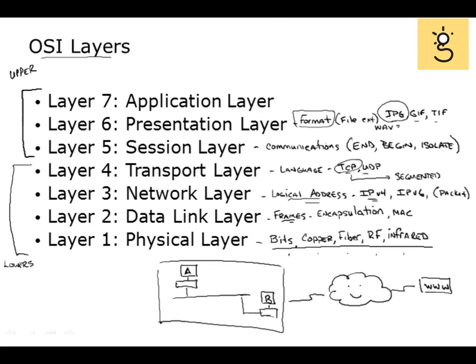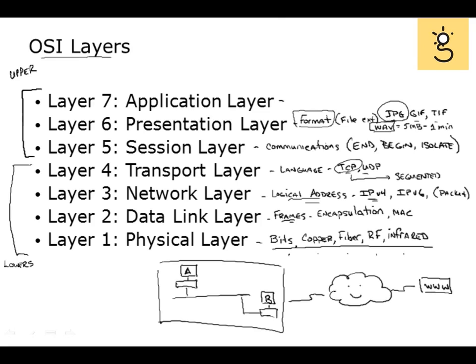A WAV file was about, I want to think, 5 megabytes for every 1 minute of music. Today we have MP3s, where a 5 megabyte file gives you about a 7-minute song. But it's the same music. There was something about the way that file was put together, in combination with the software that would read it, that gave us better compression. Perhaps it's not compression, but you get the picture. It's how things are stored as far as the format.